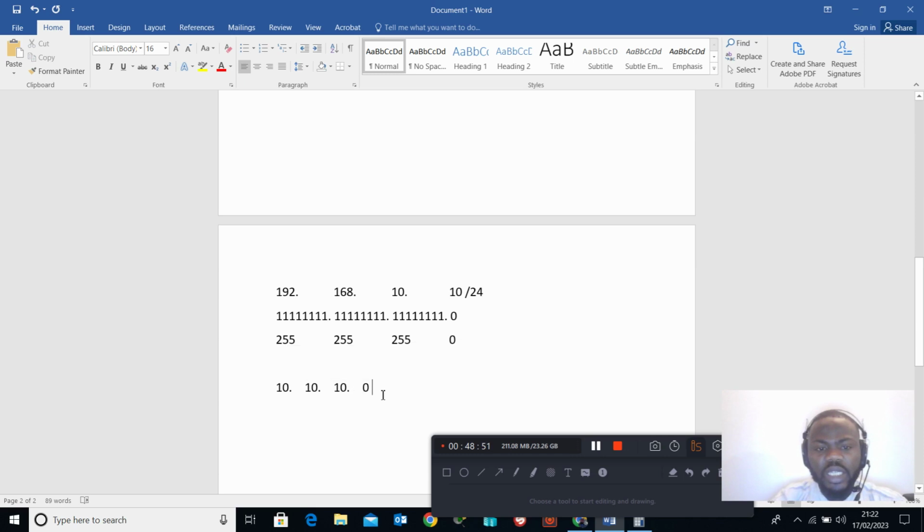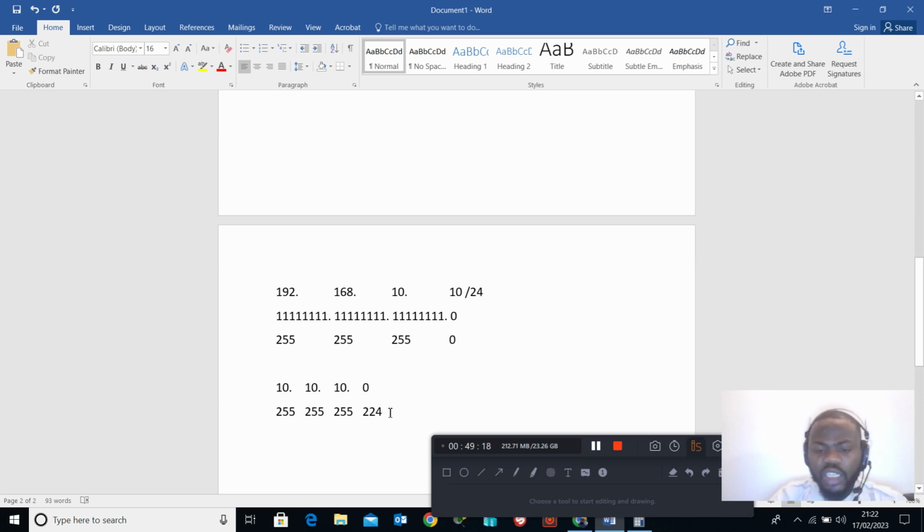We are dealing with the slash. So let's say they now say our subnet mask is 255.255.255. And if they say here it is 224. Do you know what this means?